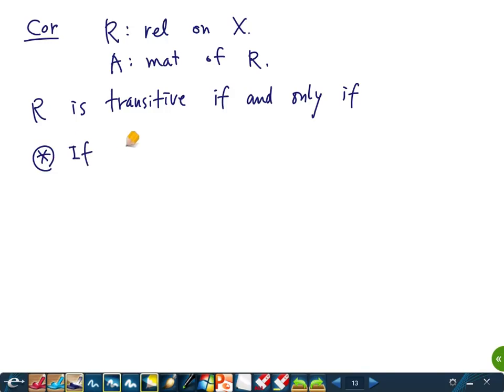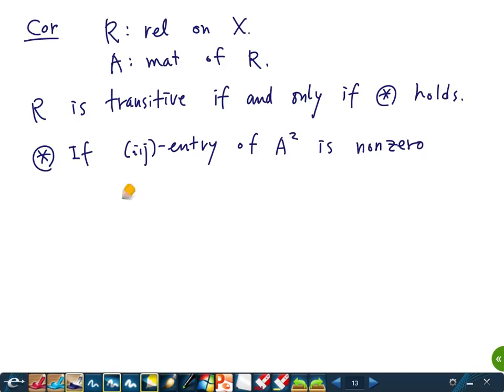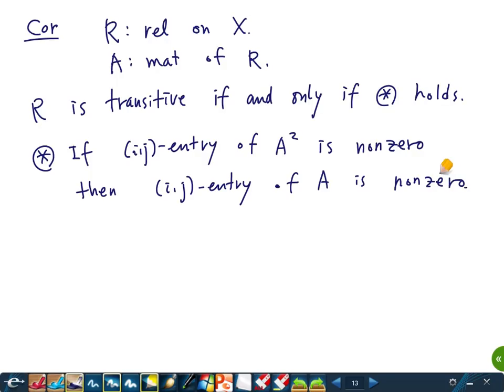If star holds, if the ij entry of A squared is non-zero, then the ij entry of A is also non-zero, must be non-zero. If this condition holds, then R is transitive.